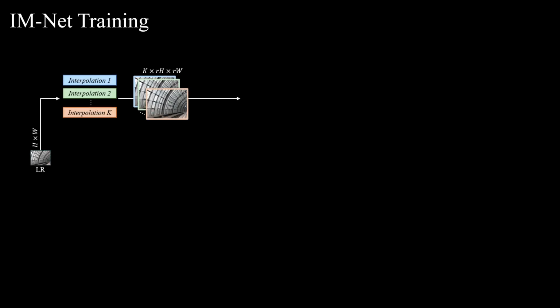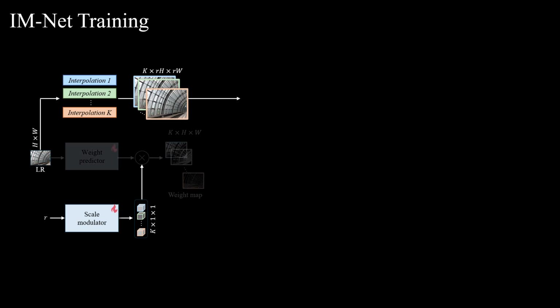Let me explain the proposed method. The first step is IM-LUT training. Here we set K to 3. The low-resolution image is pre-upsampled using the three interpolation functions. Next, the scale factor is encoded and passed through convolution layers and transformed into a scale vector. Meanwhile, the input image is fed to other convolution layers, and its output is multiplied by the scale vector.